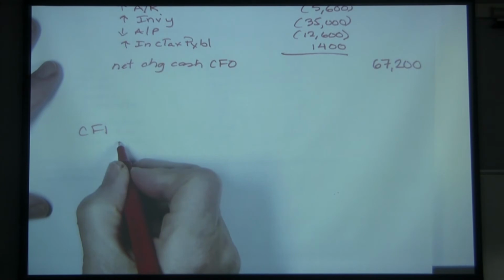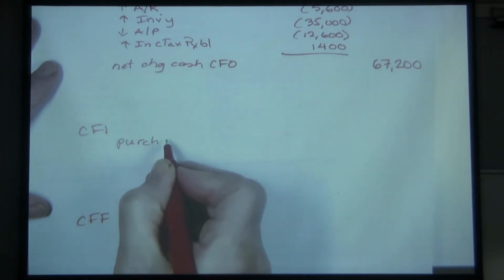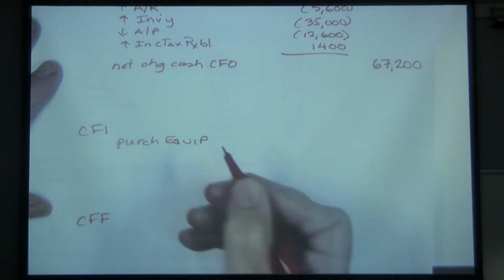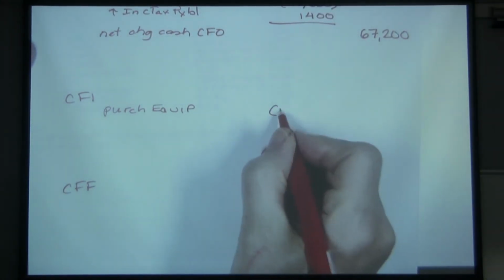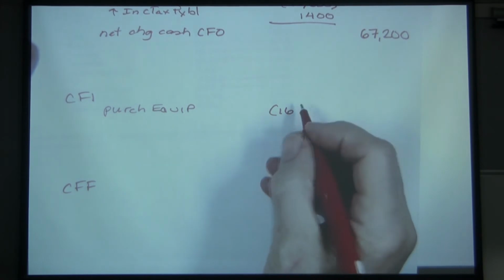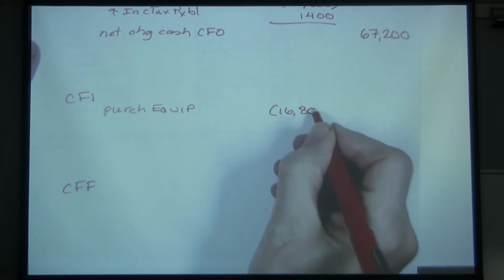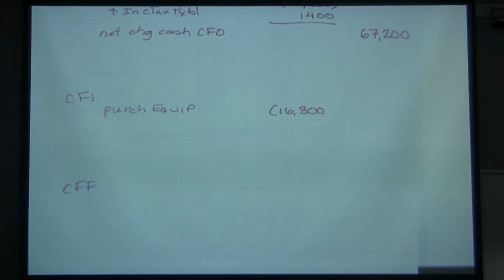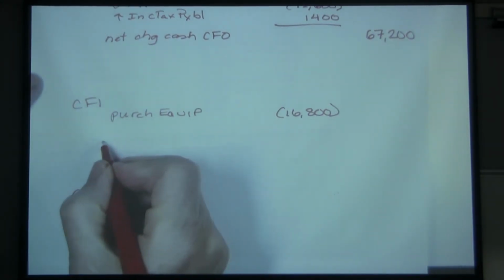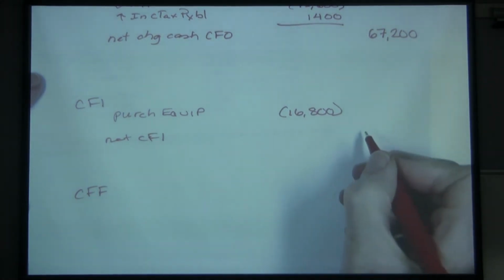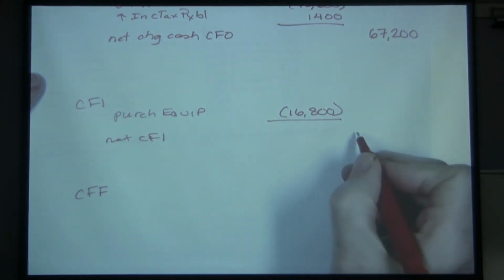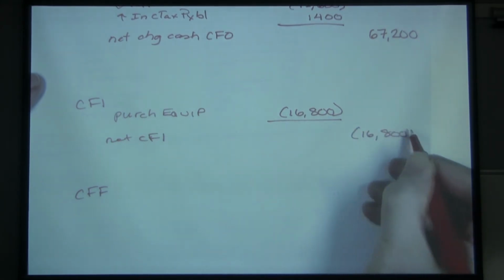So we would write here purchase equipment, and when we're buying equipment, of course it's a negative cash flow, $16,800. So there's no other buy or sell. So we can just say our net CFI, put a line here just for consistency, negative $16,800.